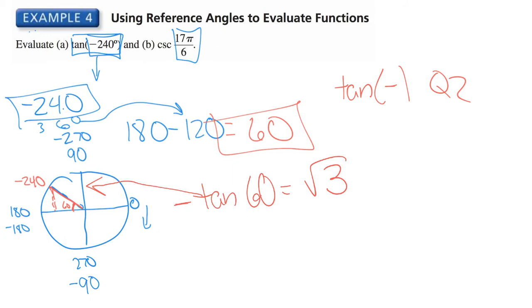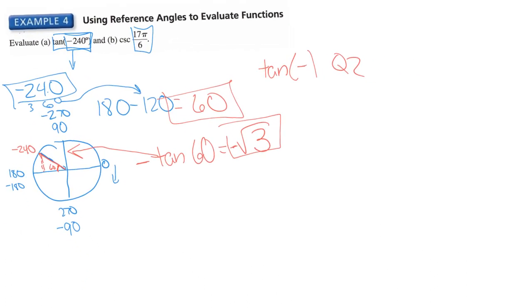Tangent is negative, so your answer is actually going to be -√3. And that is it. So, a couple little steps. Once we get the full unit circle labeled, that's going to be your lesson tomorrow. It's going to be significantly easier. This is just the hard work to make sure that you understand the concepts.